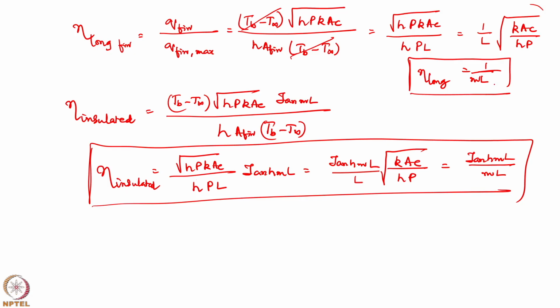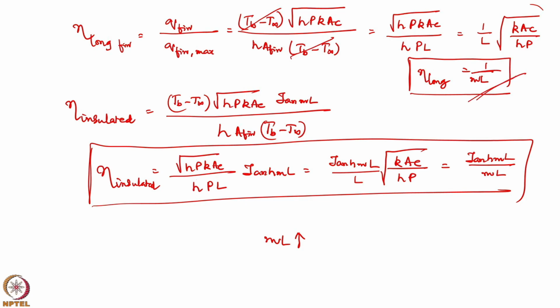As ML increases, the efficiency decreases. As the length increases, the efficiency decreases. It is quite obvious, because you don't want to have unnecessary length, as the temperature becomes more non-uniform.